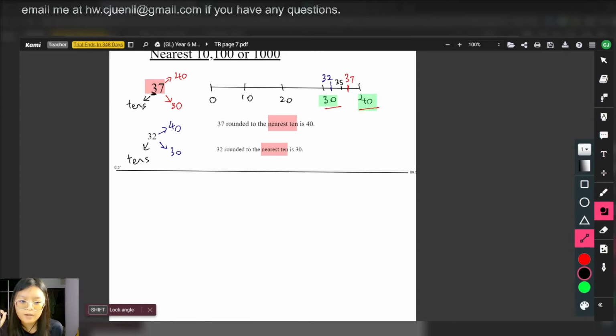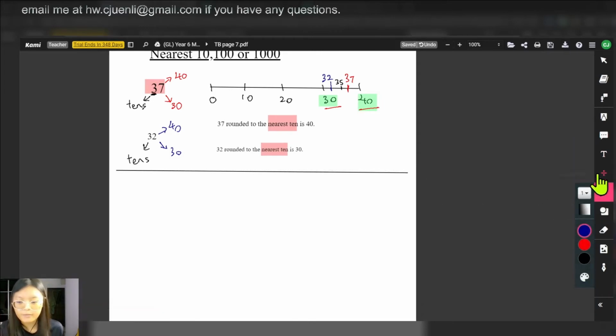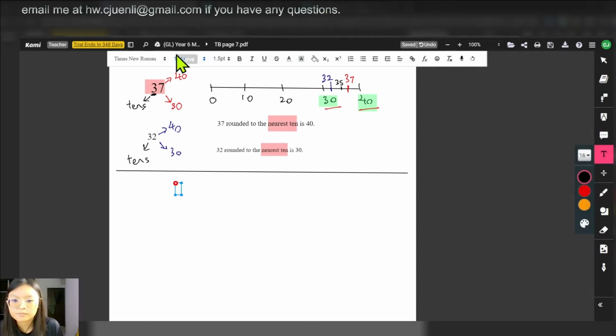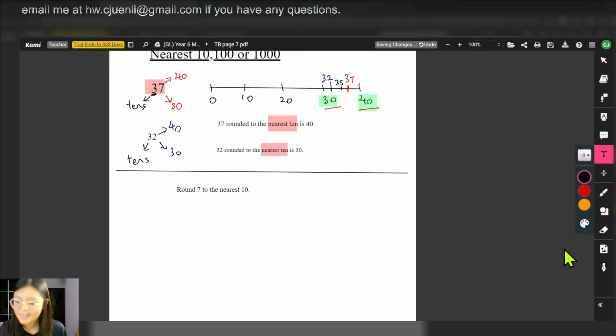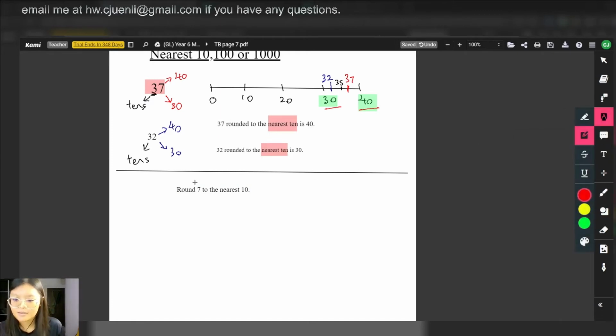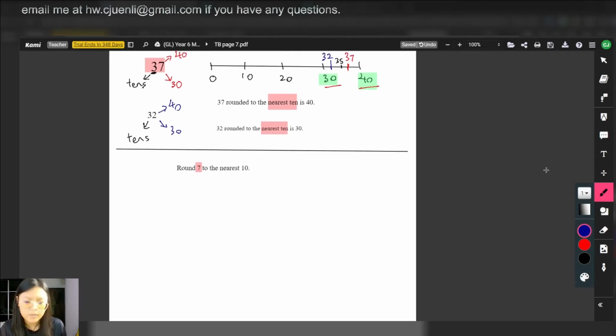So just a very short example, let's say you have this question, slightly bigger for you to see, round 7 to the nearest 10. Now this one is a 1-digit number, right? 7. So how do we actually know which is which?